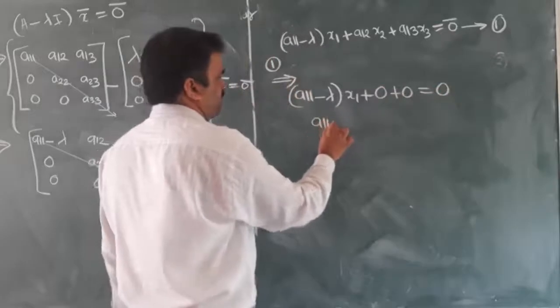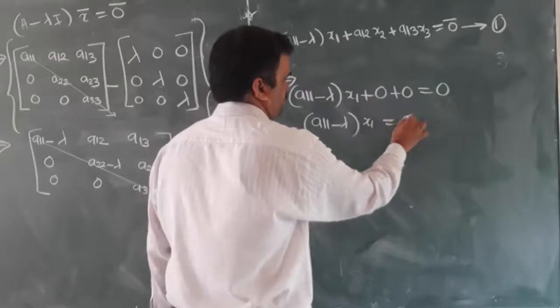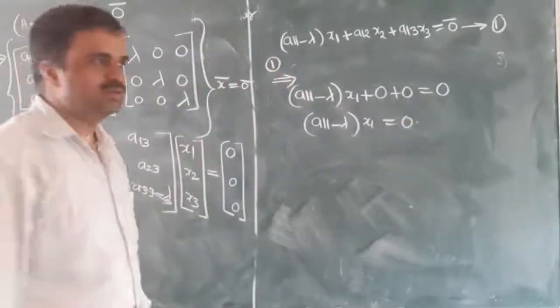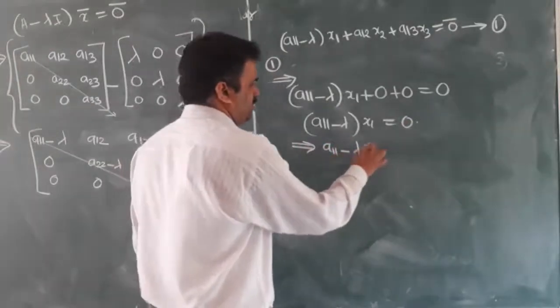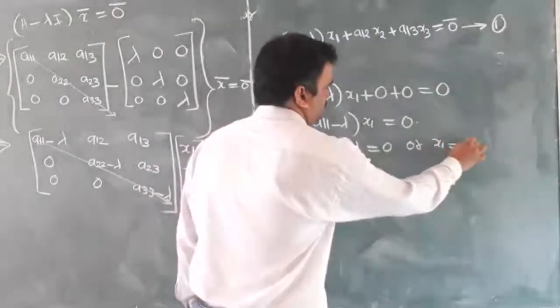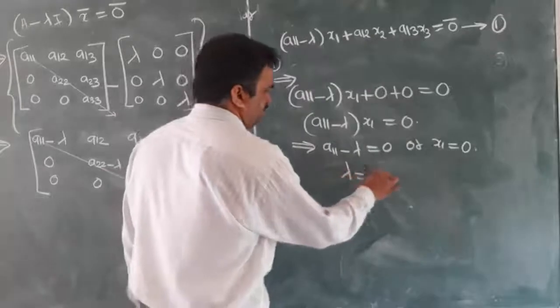Therefore (a11 minus lambda) x1 equal to 0 implies a11 minus lambda equal to 0 or x1 equal to 0. So I want the lambda value, so lambda is equal to a11.